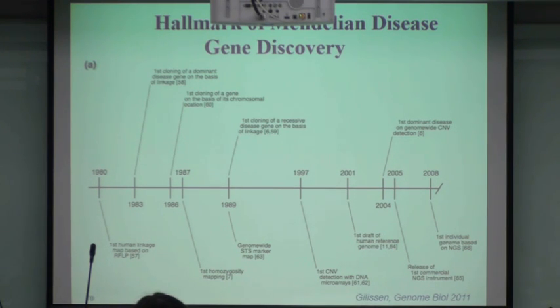So one of the key milestones that I mentioned is the short tandem repeat with the mapping, and then people talked about the SNP, single nucleotide polymorphism.